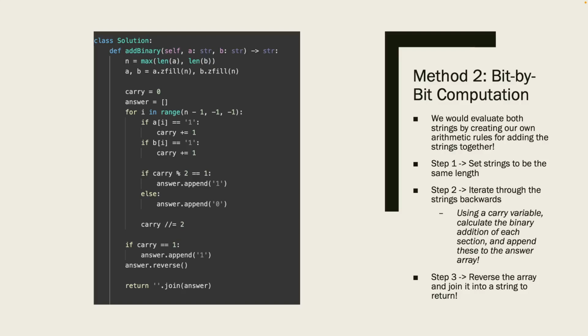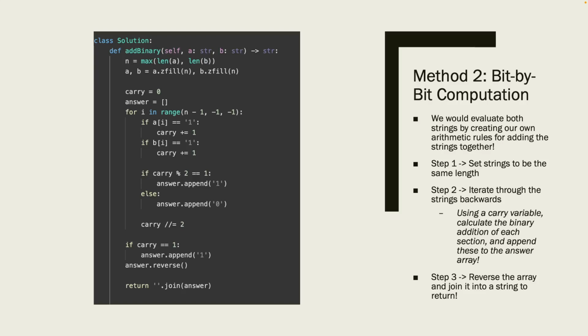And using a carry variable, we'll calculate the addition of each binary section, and we can append that answer to the array. And then afterwards, we're going to reverse the array and join it into a string to return, because the direction that we appended the values would be in reverse.